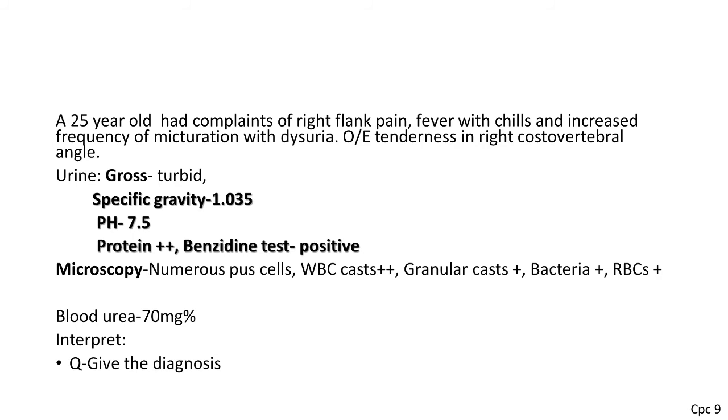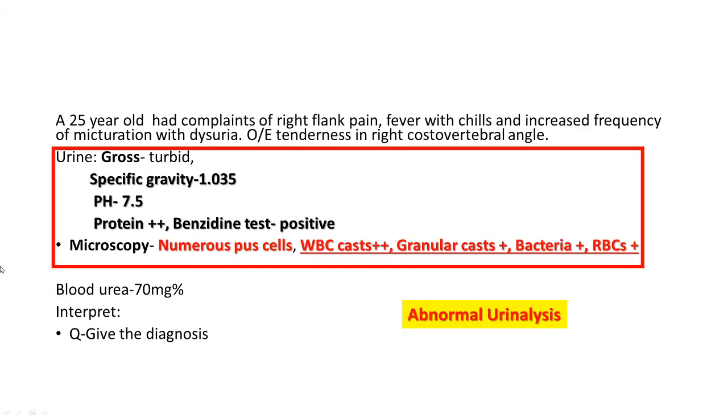Interpret, give the diagnosis. So when you look at this particular case, we can see definitely there is abnormal urine analysis, which can be observed grossly as being turbid. On chemical test, protein is positive, and numerous pus cells, WBC casts, granular casts, and bacteria are seen on microscopy.